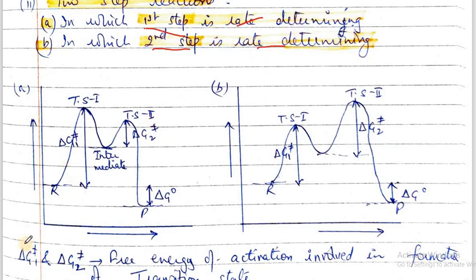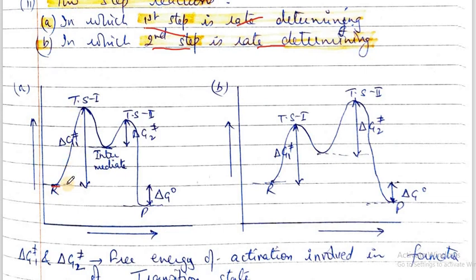For this, these are the reactants, then this amount of energy is required by the reactants, that is delta G1 double dagger, and this transition state is formed, and then the intermediate is formed, that is energy is released, and then the second transition state is formed, that is it requires this amount of energy to form this transition state, and then the products are formed.